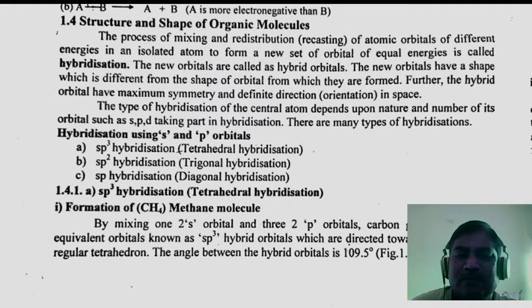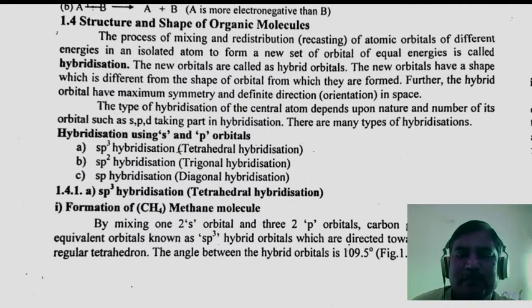All these atomic orbitals always have different energies. The energy level of the s orbital is always lower than p, d, and f. So s has the lowest energy level while f has the highest energy level. Whenever individual atoms are considered, they have different energies.